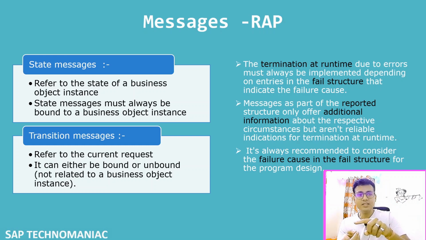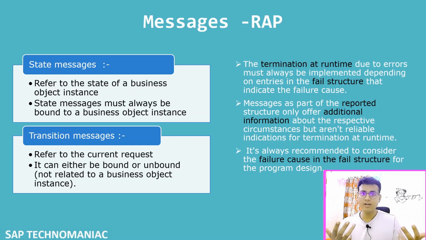When we are transitioning from one state to another state, and since we have given wrong data, I want to display the error message. At runtime, I want to display some message when the transition is happening from one state to another. Those messages are called transition messages.